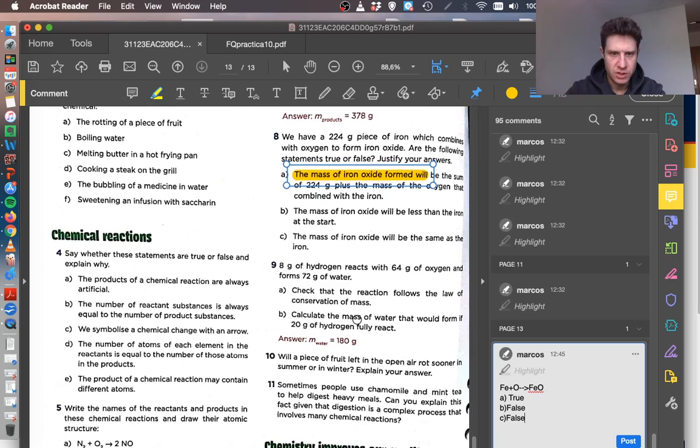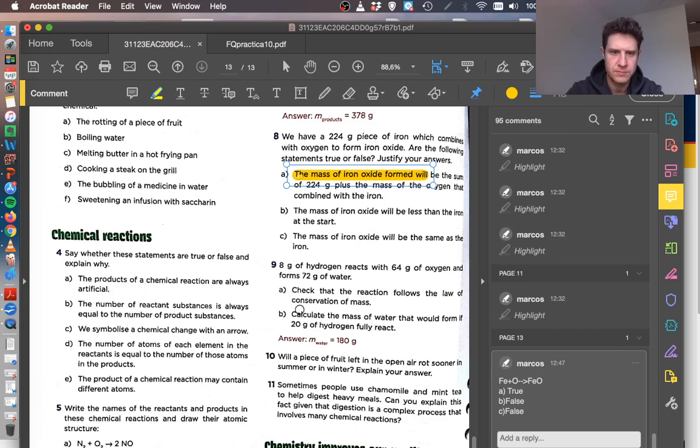9. 8 grams of hydrogen react with 64 grams of oxygen and form 72 grams of water. Yes, hydrogen and oxygen. Check that the reaction follows the law of conservation of mass. Let's see if this is all right.